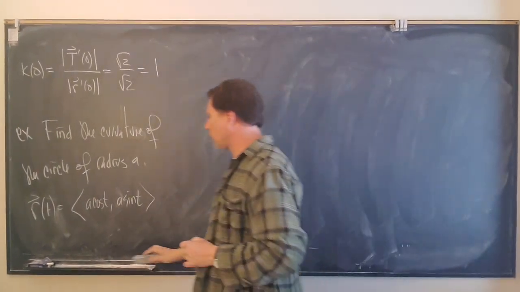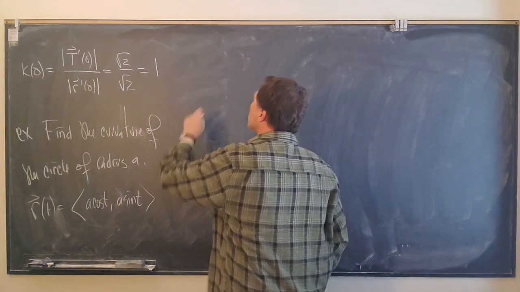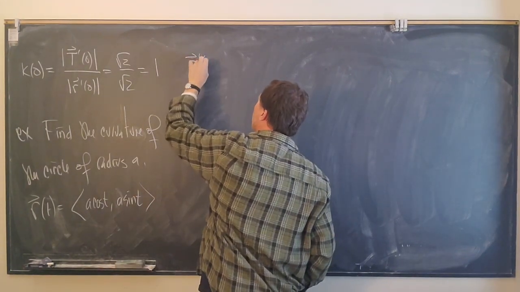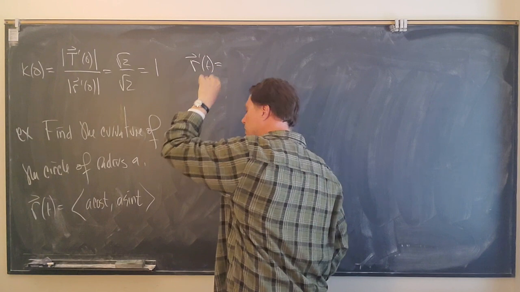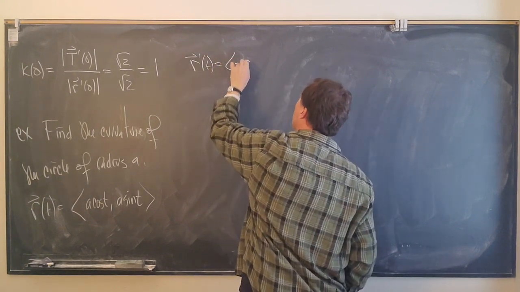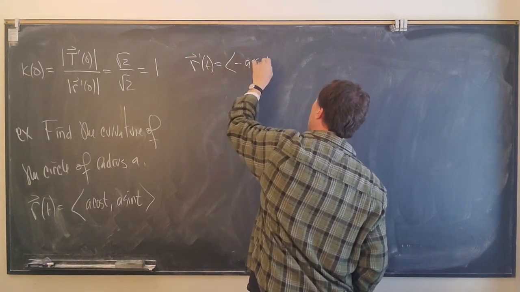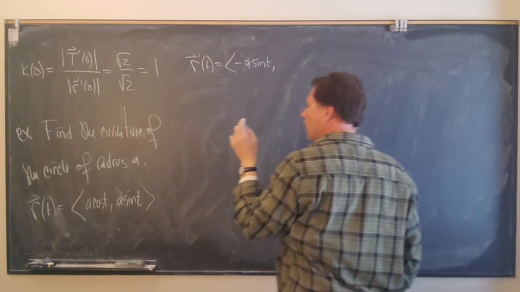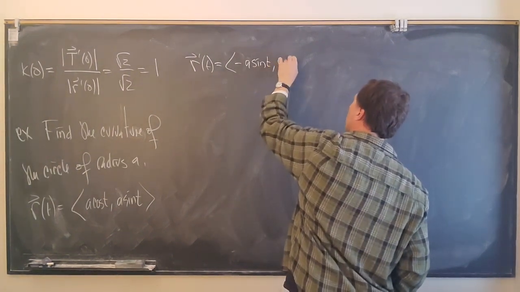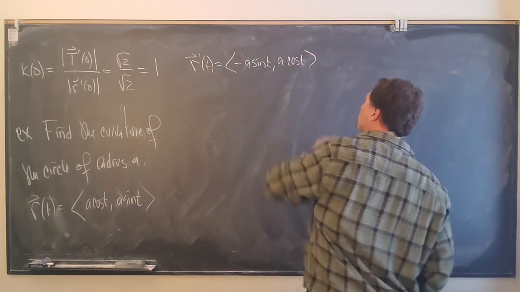Okay, so I want to compute the curvature, so I need some derivatives now. So r prime of t is equal to negative a sine t, comma a cosine t.